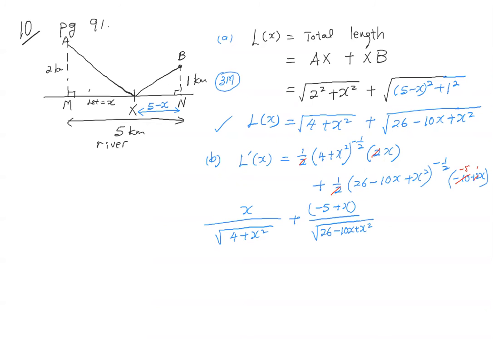You equate it equal to 0. Okay, now you bring this whole thing over. So you have x over square root of 4 plus x squared equal to, the negative becomes positive, the positive becomes negative, over square root of 26 minus 10x plus x squared.